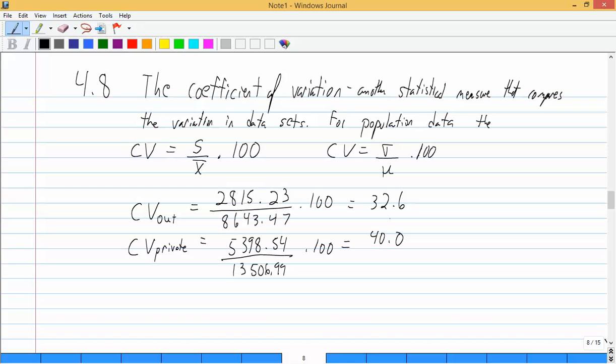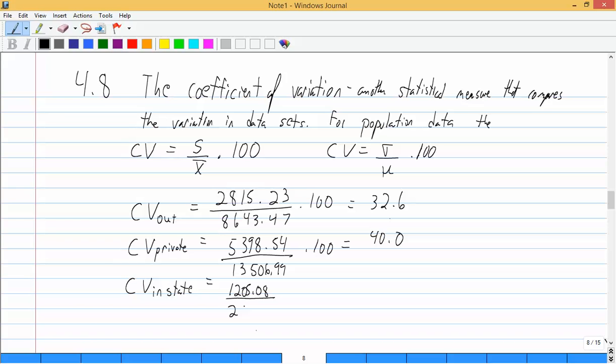Lastly, if we take the data from the in-state, then we would have 1205.08, and this all comes from that table, 4.1, getting all that data and breaking it up into subsets, and then taking that data, figuring out standard deviations, figuring out mean.